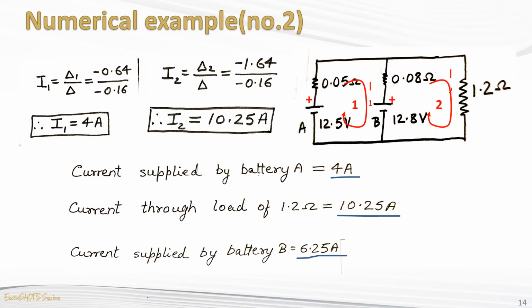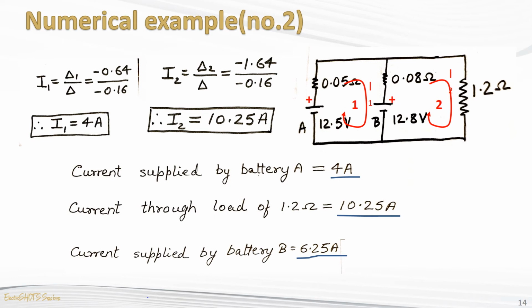I1 is delta 1 by delta, which results in the value of 4 amperes, and I2 is delta 2 by delta, which is 10.25 amperes. So now again, if we refresh our memory by looking at the circuit which we were analyzing, we can say here that I1 is the current which is being supplied by battery A, which is 4 amperes.